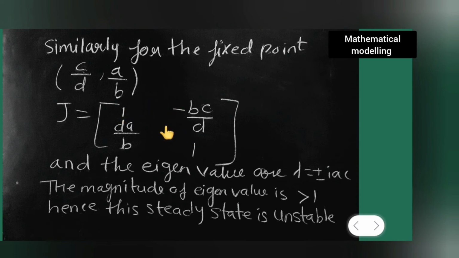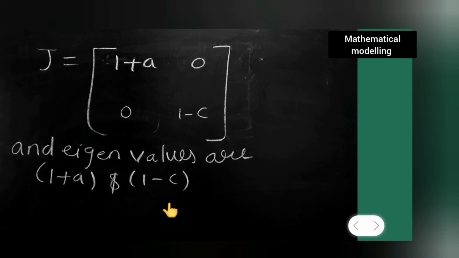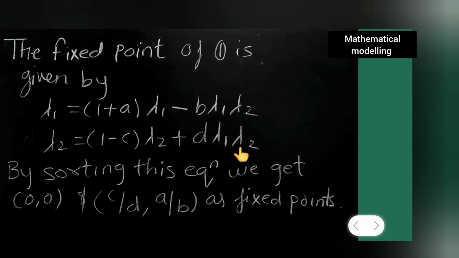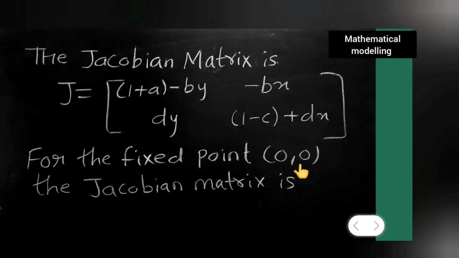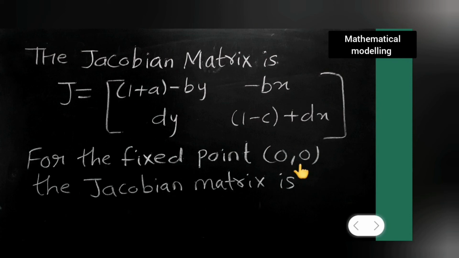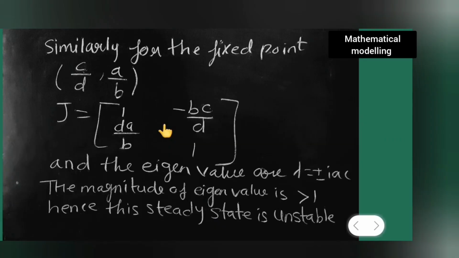This is 1 and 1, because what you all have to do over here is, in this you all have to substitute minus b, what x I got, value of x is what? C upon D. Okay, minus b C upon D it will be.